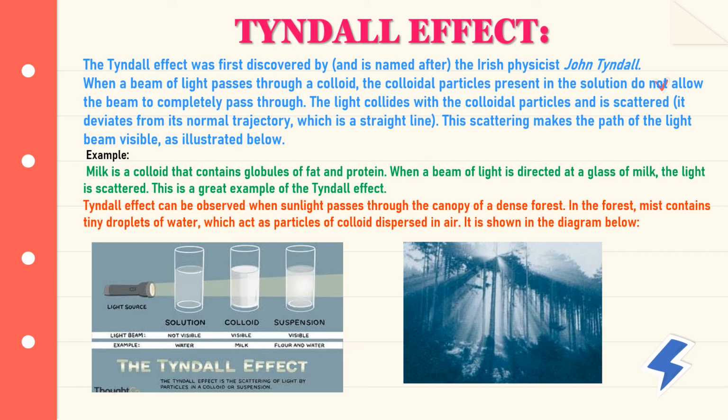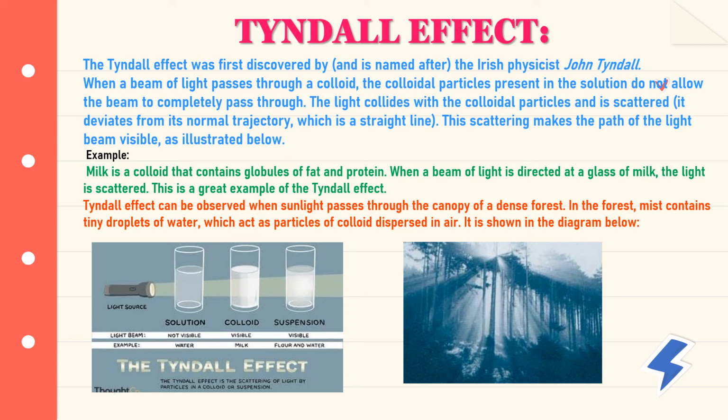Now, some examples we can consider for the Tyndall effect, like milk is a colloid that contains globules of fat and protein. So when a beam of light is directed at a glass of milk, the light is scattered. So this is a great example of the Tyndall effect. Or you must have seen, students, when sunlight passes through the canopy of a dense forest.